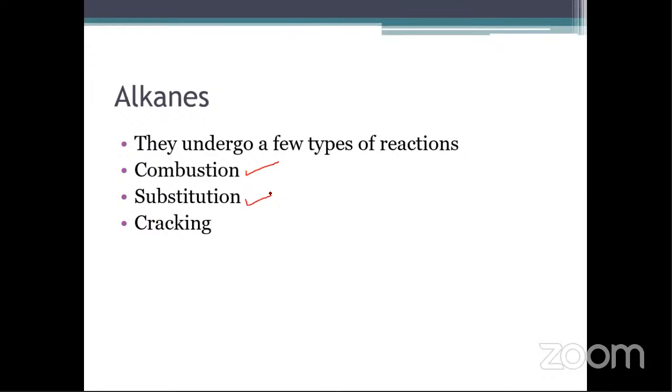What is taking place in a substitution reaction? In class, what is it? Go ahead. The halogens are taking place of the hydrogen atoms. Very good. So a halogen is substituting or taking the place of a hydrogen atom.